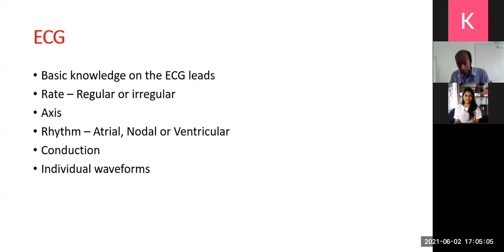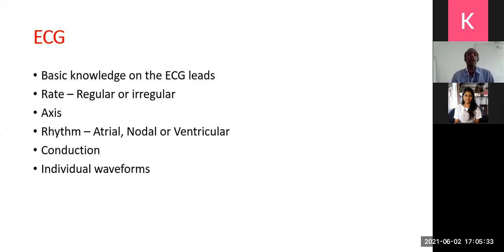So you can't do that. As a medical student, you have to go through all these steps. It's only if you do that that you will be good at looking at ECGs. So there are 5 steps to interpret an ECG. The first thing is to calculate the rate, and most of the time we calculate the ventricular rate.